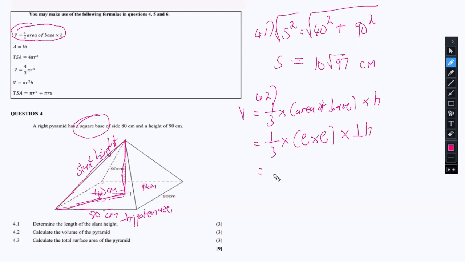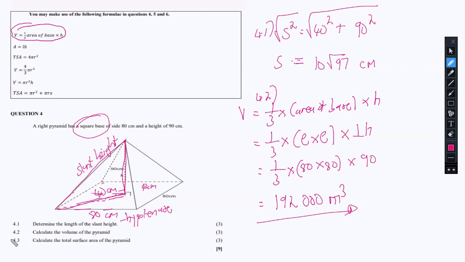So we say 1/3 multiplied by 80 squared, the length of the square, times the perpendicular height, which is 90. We are not using the slant height on volume. The slant height is only used on the surface area. For volume, you use the perpendicular height. And when you punch that into a calculator, you get 192,000 meters cubed. Right, that's it.